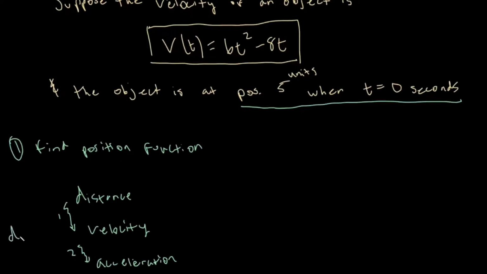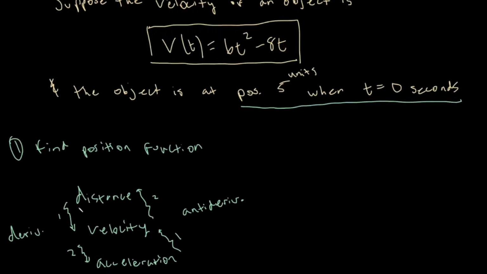So these are derivatives. Acceleration, you antiderive once, you get velocity, and you antiderive twice, or if you just antiderive velocity, you get distance. So it's like going down or up the ladder, if that makes sense.